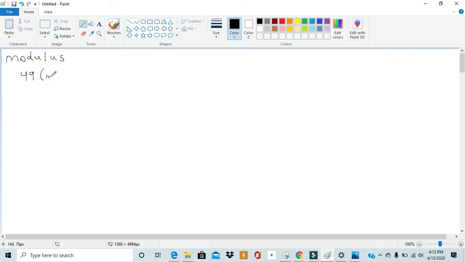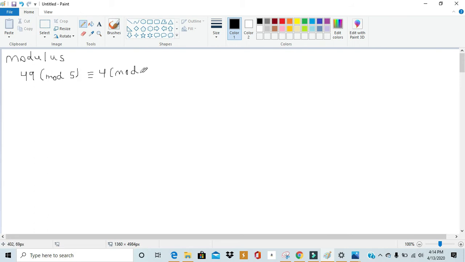To do that, we would think about what we would get as a remainder when we divide 49 by 5. Well, the smallest multiple of 5 less than 49 is 45, and 45 plus 4 is 49. So thus, the remainder we receive when 49 is taken mod 5, we get 4 mod 5.